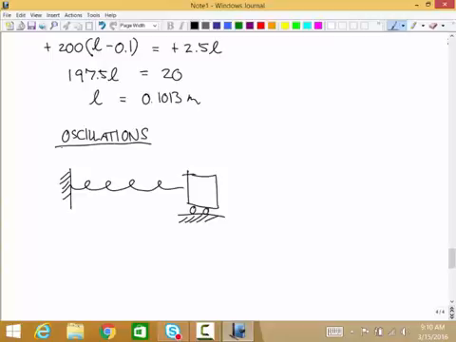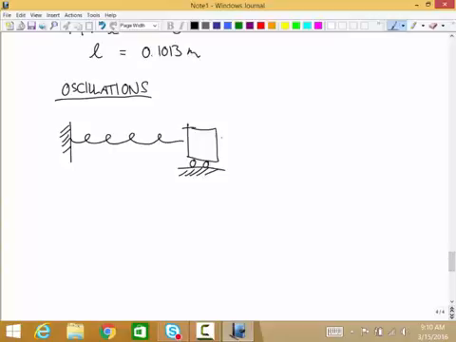And so let me show you how that works. So let's say that this has a mass of m. This has a spring constant of k. And we'll say at time equals 0.